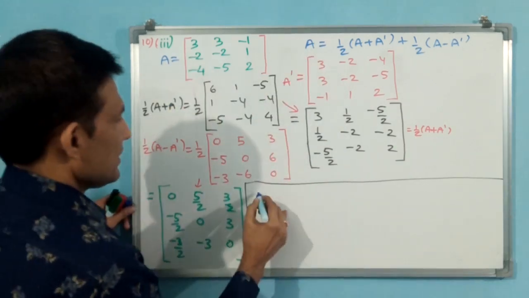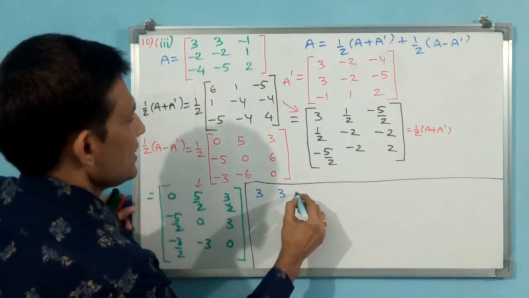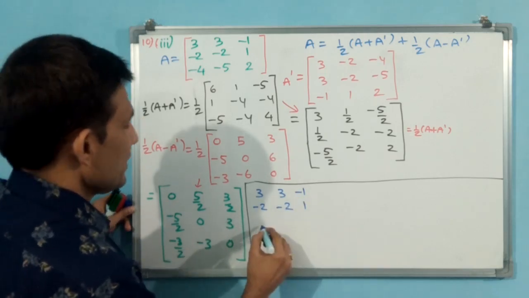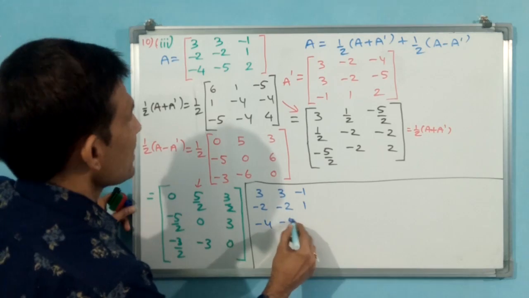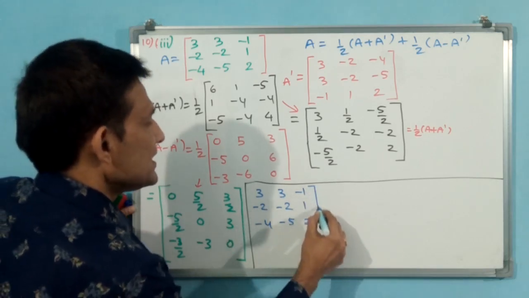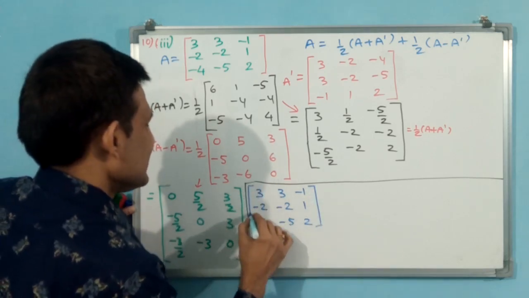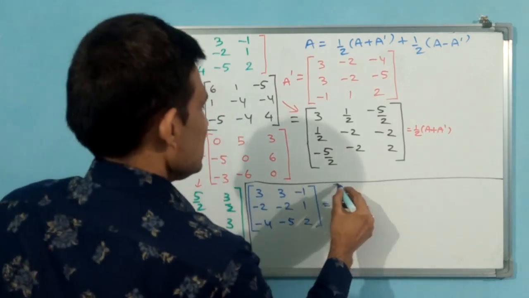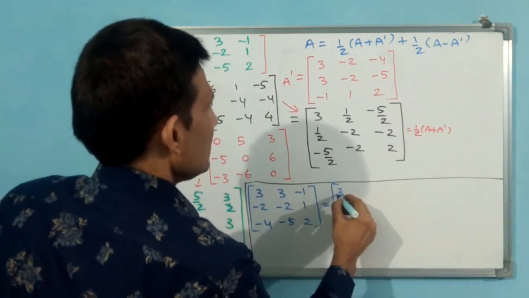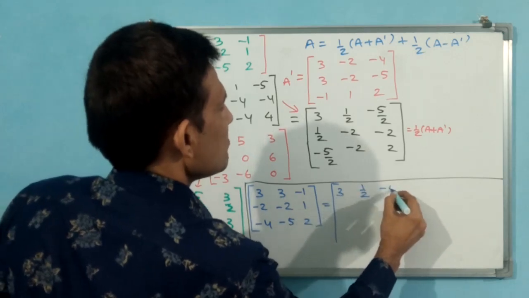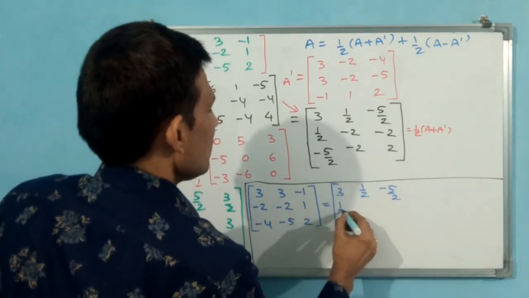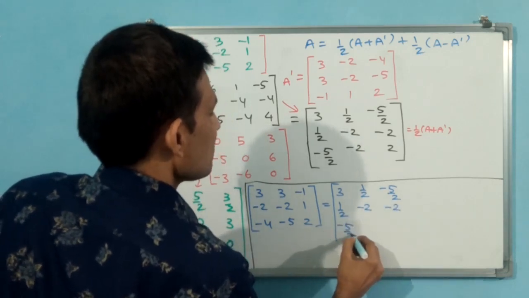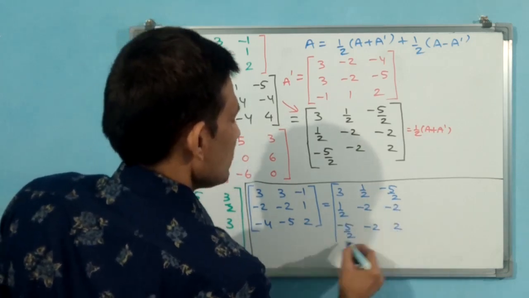A is equal to this one: 3, minus 1, minus 2, minus 2, 1, minus 4, minus 5, 2, is equal to this one first. Write down: 3, 1 by 2, minus 5 by 2, 1 by 2, minus 2, minus 2, minus 5 by 2, minus 2, 2.